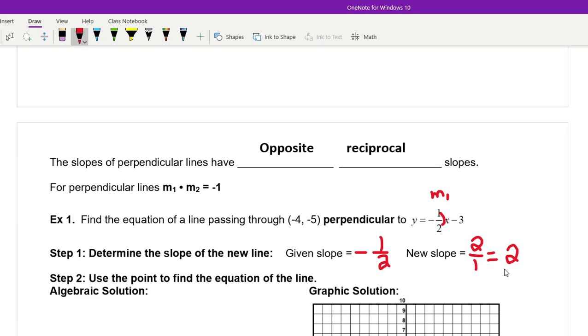So after we solve this for our new slope, we can plug it into an equation. Now, considering that we have to include the point -4 and -5, we'll do the same thing as last time with our parallel, but this time we will use our perpendicular's new slope.